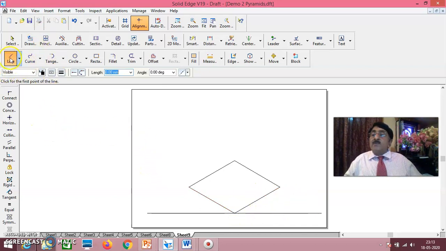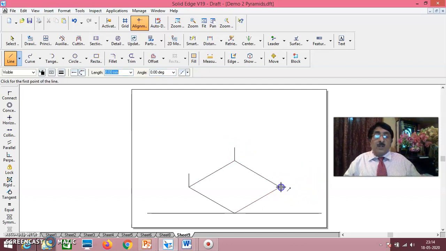Height is, they have given the height as 20. Height or thickness as 20. Okay. Take 20. Okay, draw this. From here also, draw 20, a vertical line.